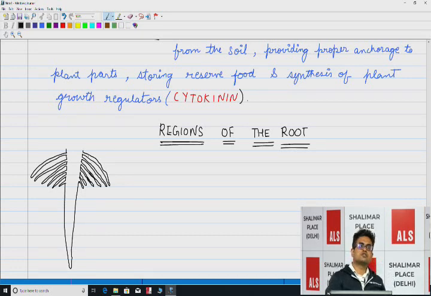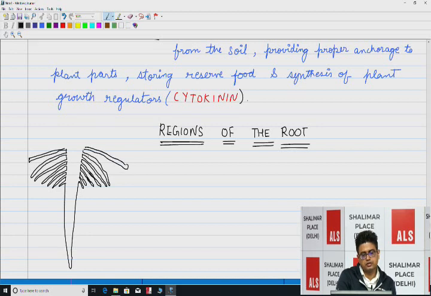This first zone is called the root maturation zone, or the root hair zone, zone of root hair. This is the topmost zone, basically it's the root hair zone.